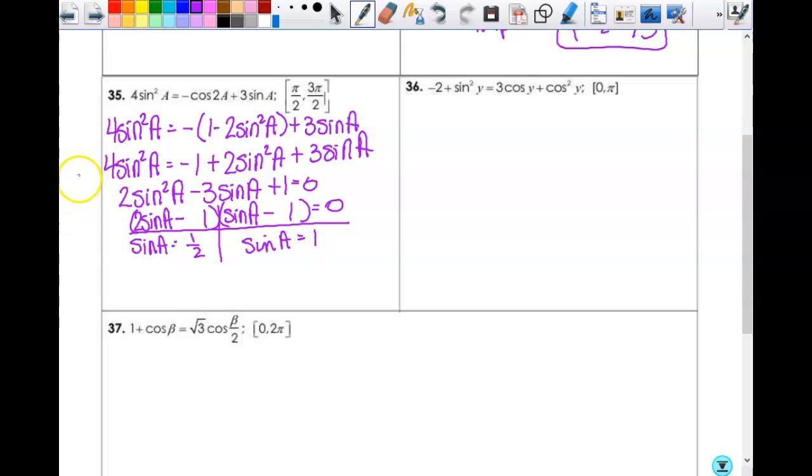So I'm going from pi halves to 3 pi halves. Sine is 1/2 at 5 pi over 6, and sine is 1 at pi halves. So overall, I get pi halves and 5 pi over 6.